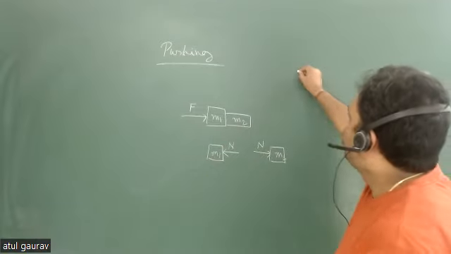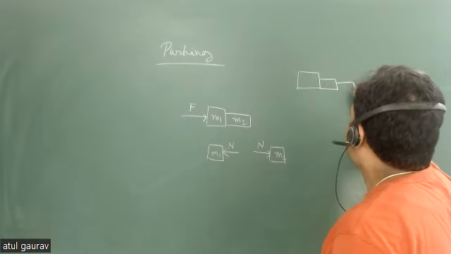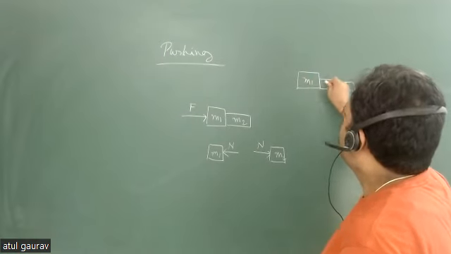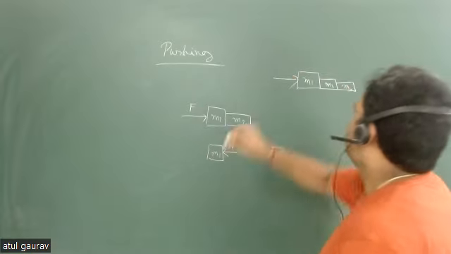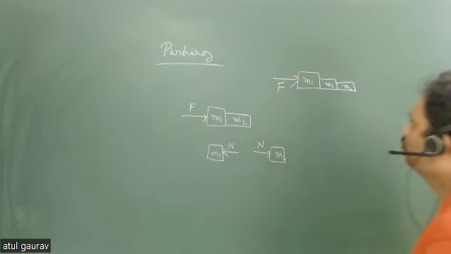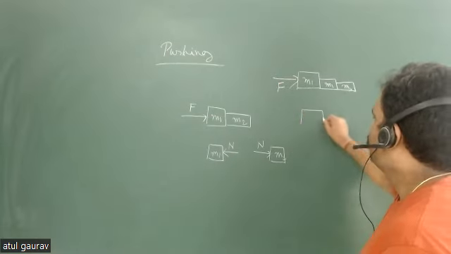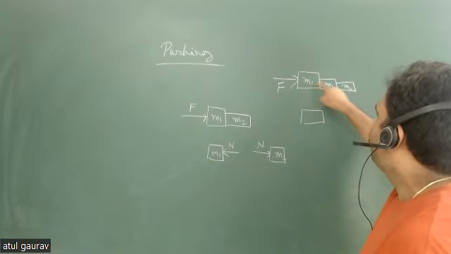For example, you can take another, let's take 3 masses. So you have M1, M2, M3. You are pushing it something like this, let's say with some force F. So what will happen? M1 will push M2 and M2 will push M1.